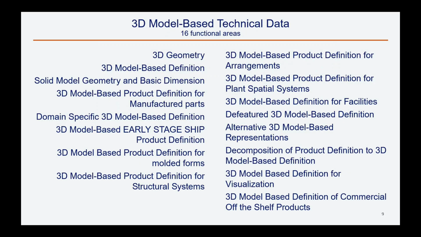From the beginning, it was clear that for product model data, a higher level of granularity is required to handle the wide range of product data. This resulted in the identification of 16 technical data functional areas. As the digital engineering realm matures, the use of domain-specific data definition will increase this list.